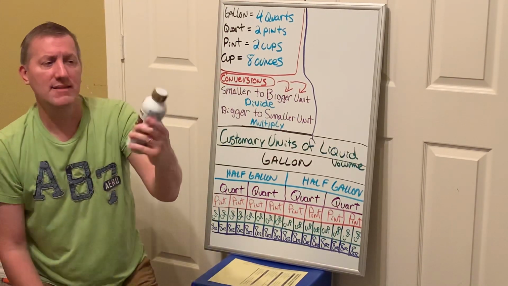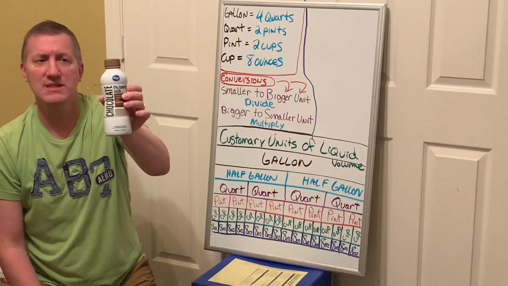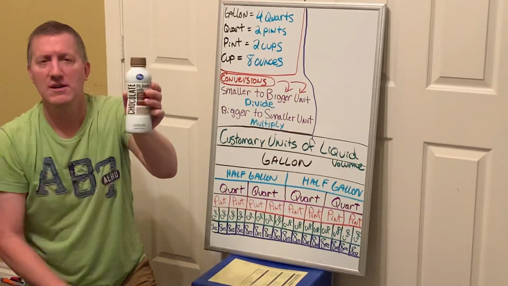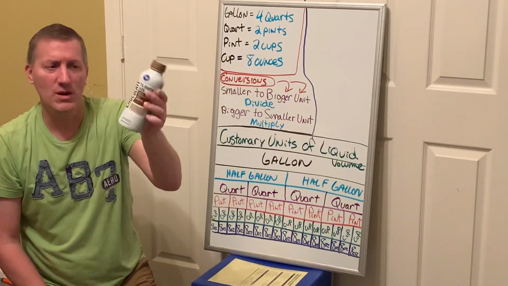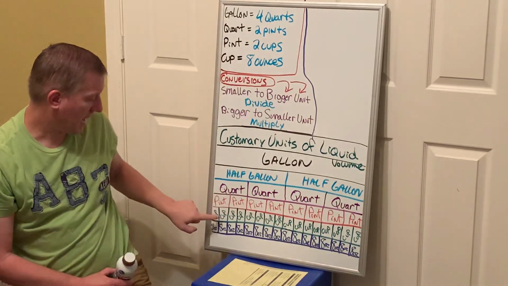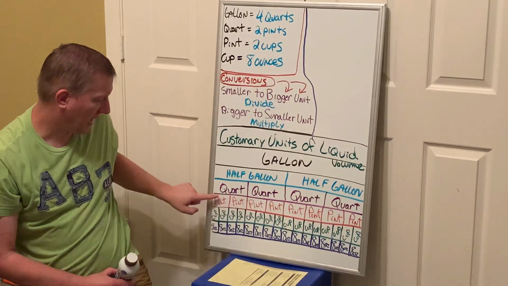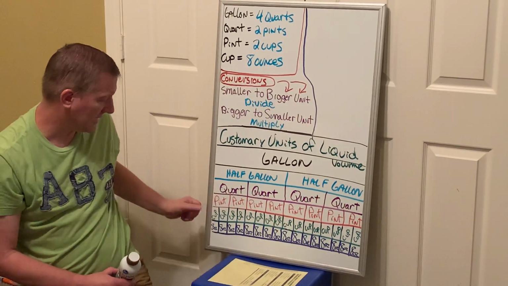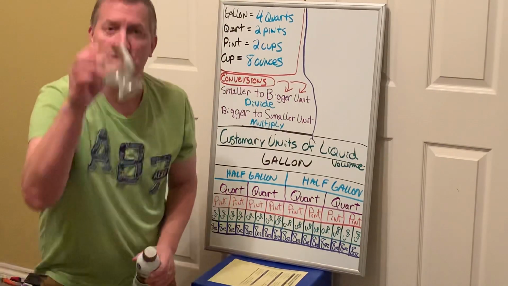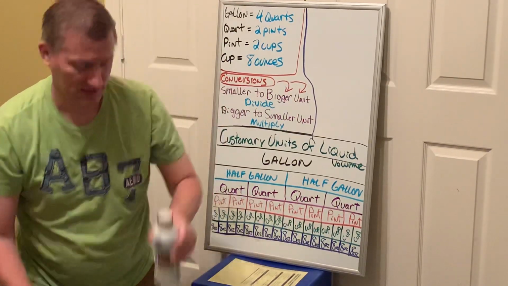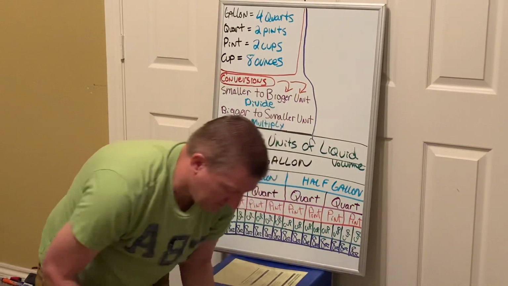And this is a pint that you'll see, I got this from Kroger. It's chocolate milk. And that is 1 pint. So I put 2 cups on this chart and it equals 1 pint. So 2 cups equals 1 pint. 2 cups, 1 pint.